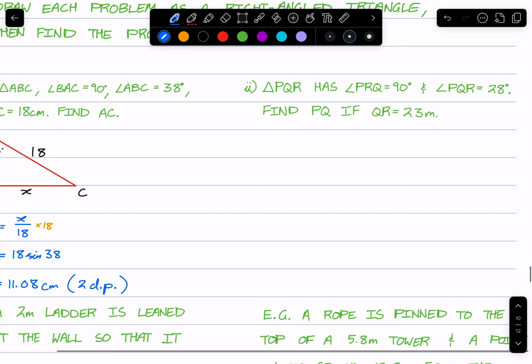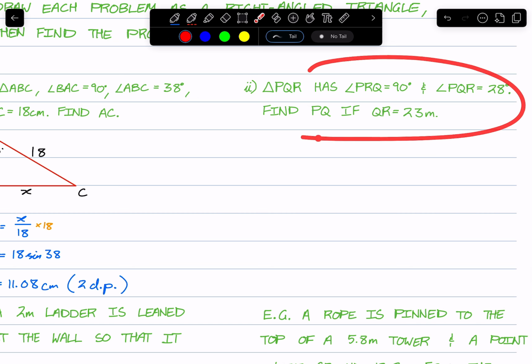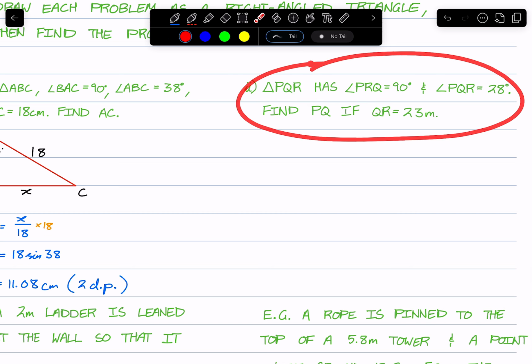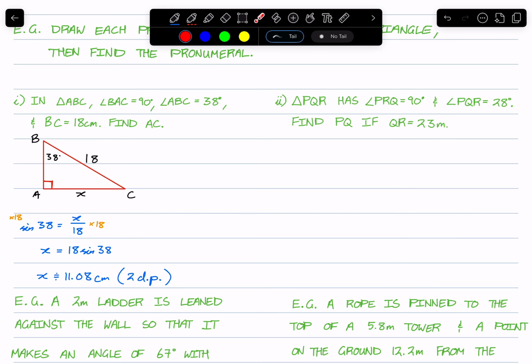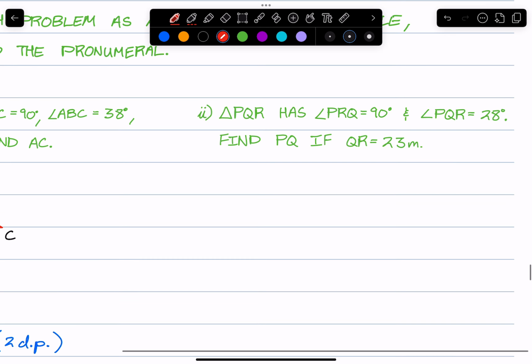You can pause and try this next one yourself. It's using just this geometric language for you to construct first, and then it's asking you to find PQ. Okay, so here we go. Triangle PQR has angle PRQ equaling 90.